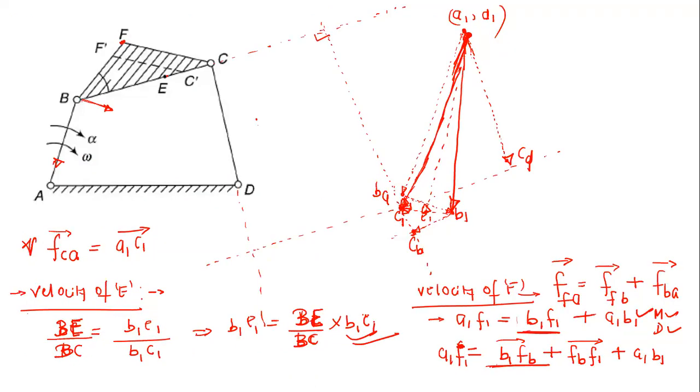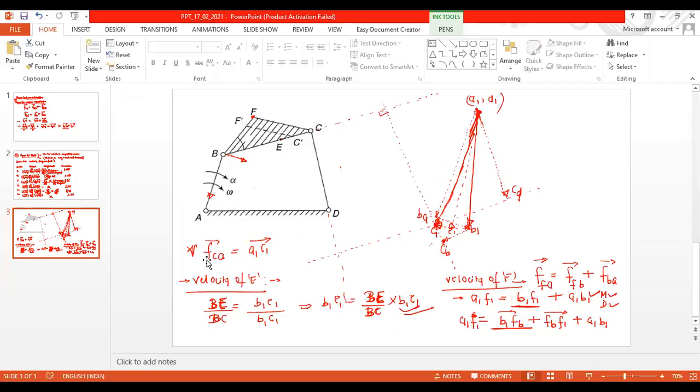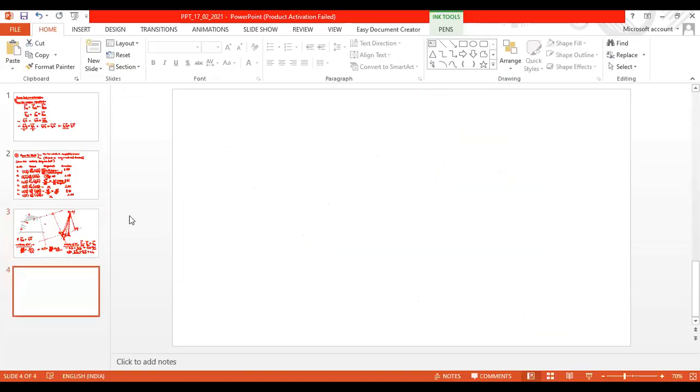So is it known completely in magnitude and direction? Yes, sir. So how? The direction will be parallel to FB, so the direction is known, and what will be the magnitude?